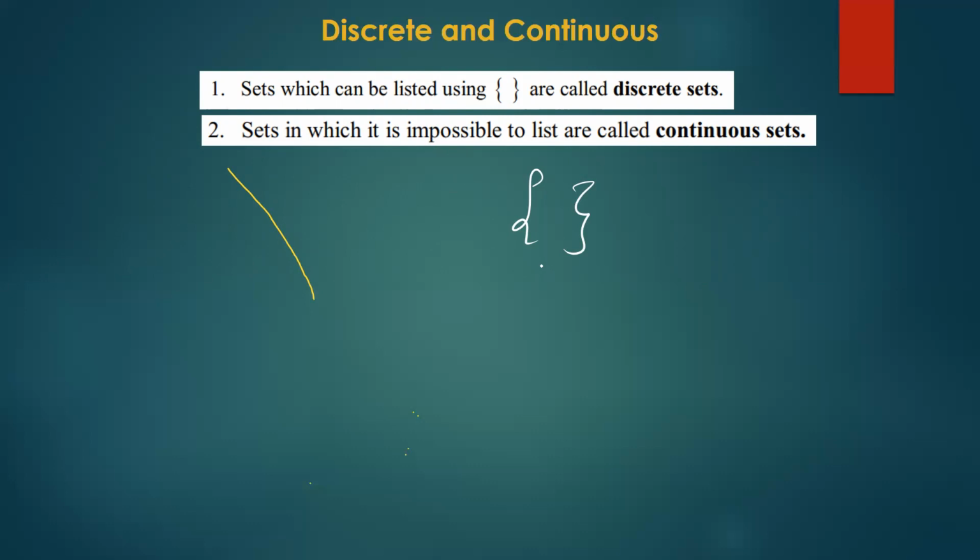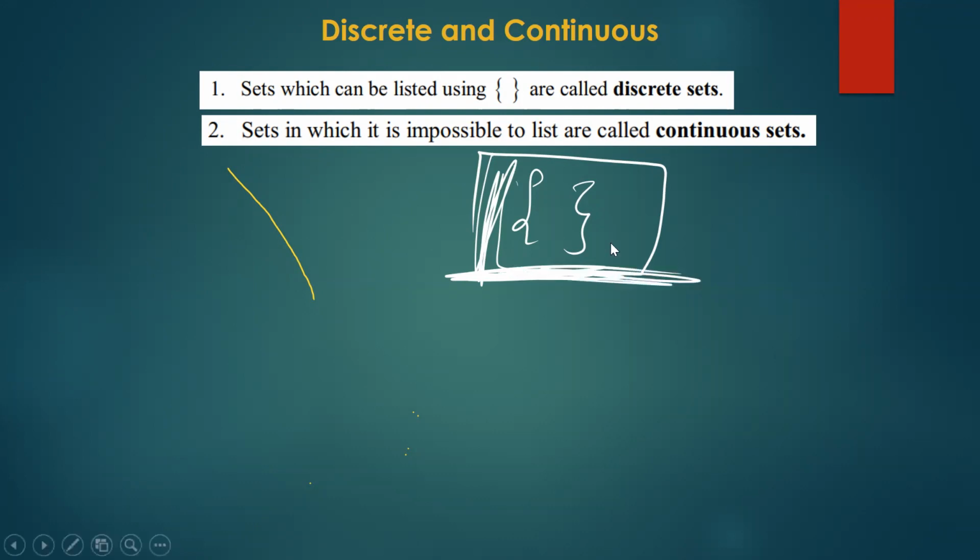As a result, you use what are known as intervals, I mean, the open and close brackets. So in other words, continuous sets are simply sets that are like intervals. You can't list an interval using this kind of notation, the parentheses. Discrete sets are easily listed using this kind of notation.